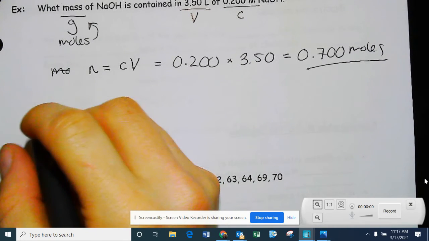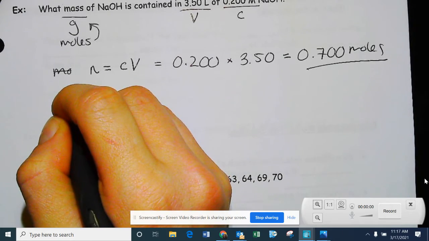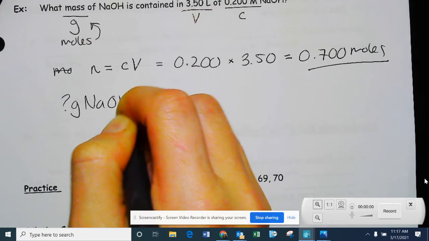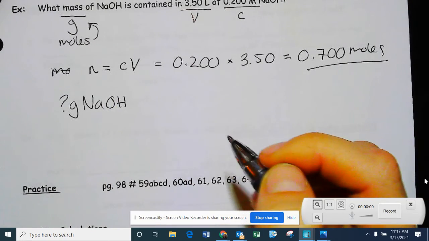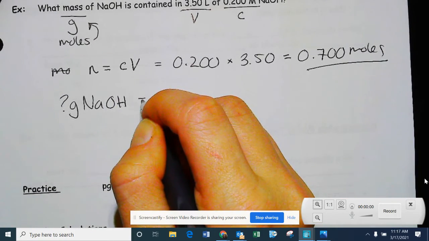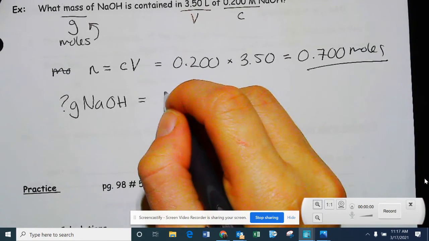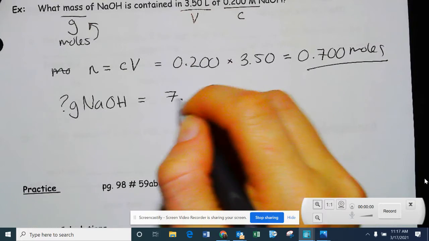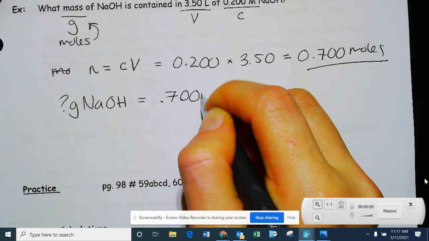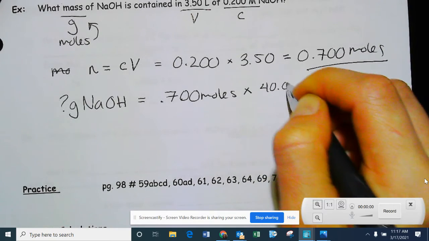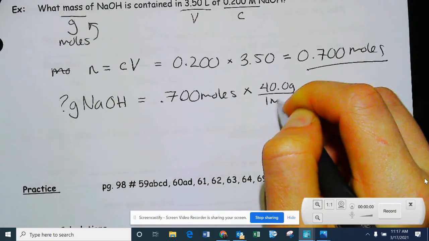Let's go from moles to grams now. Okay, so how many grams? What was the molar mass of sodium hydroxide? 40, awesome. Okay, so in order to get from moles to gram, we're gonna go 0.700 moles times 40 grams per 1 mole.